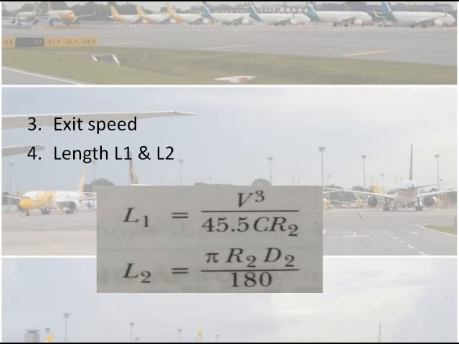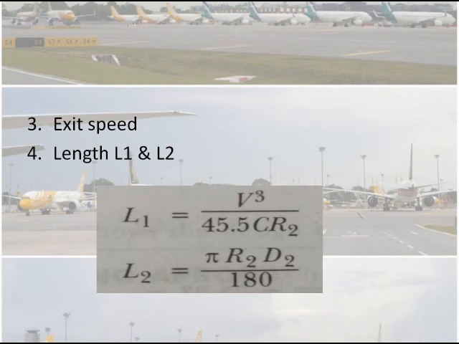Occupancy time. The occupancy time of an aircraft entering the taxiway from the runway is composed of the following four components. First one, time required for the flight from the threshold to the touchdown of the main gear. The second point is the time required for the nose gear to make contact with the pavement after the main gear has made contact.